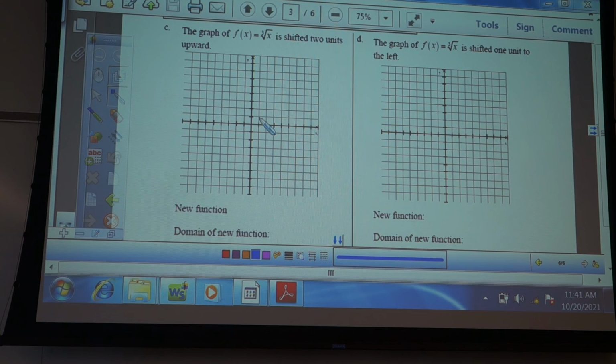Now, this is a cube root. It's not the square root, it's a cube root. So that means it's going to be the S shape. What's up with the S? Over 1, up 1. Over 8, up 2.